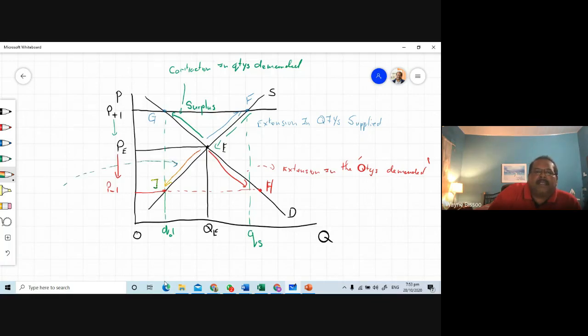That is what's going to happen with supply, is that there will be a contraction in the quantities supplied. That makes sense. That's that movement from E to J here.